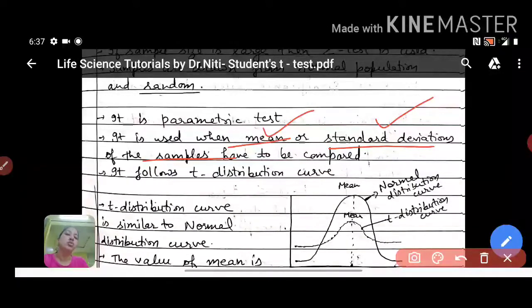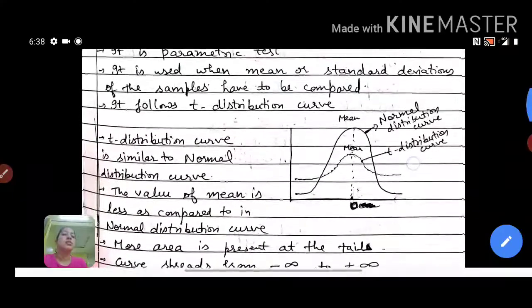But if the number of samples is more than 2, then you cannot use the t-test; you can go for the f-test.